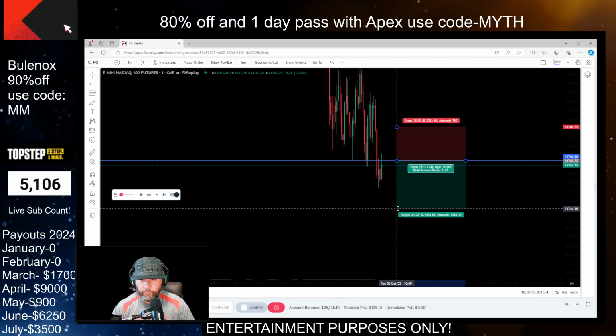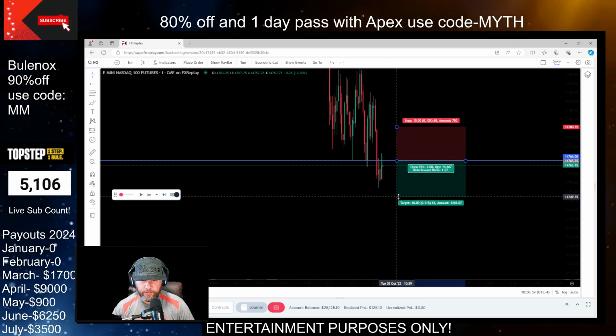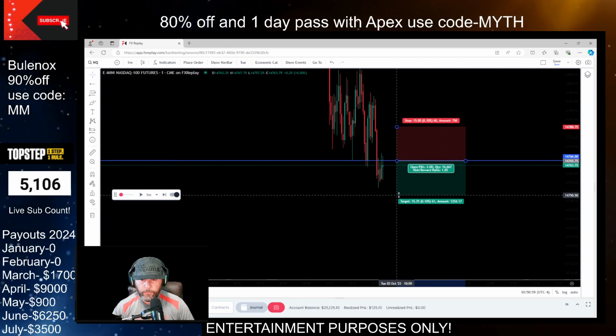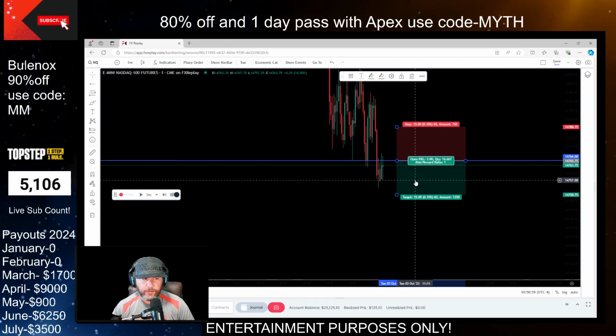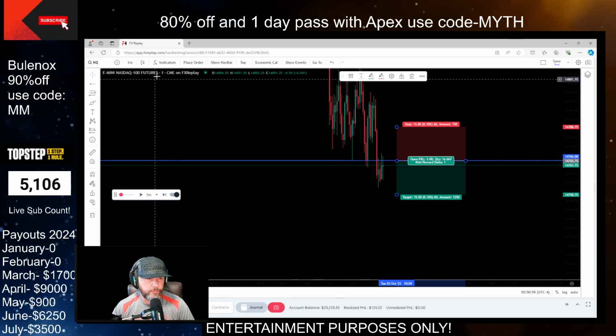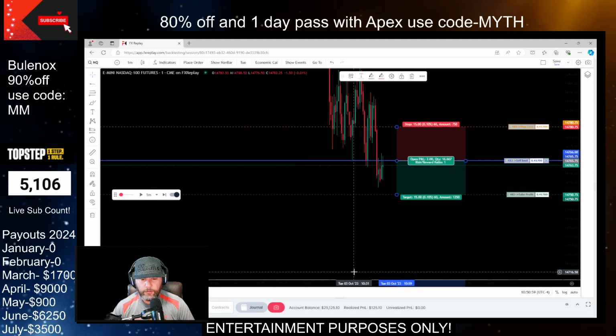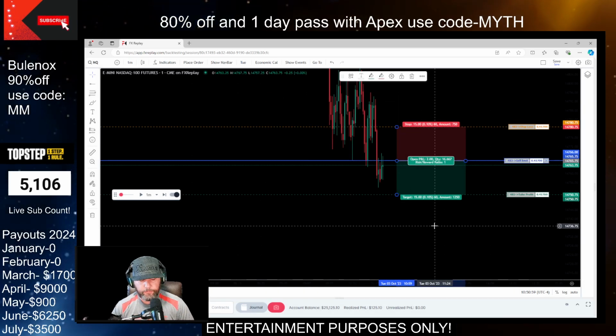And later on, we will adjust that accordingly to maybe shoot for bigger targets, bigger RR. But for now, I think this is perfectly fine. Place order. Sorry, guys, hold on one second.